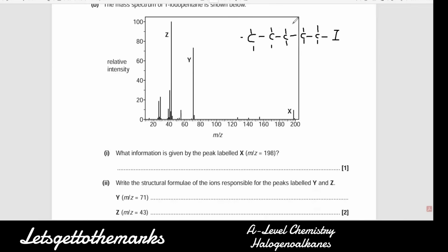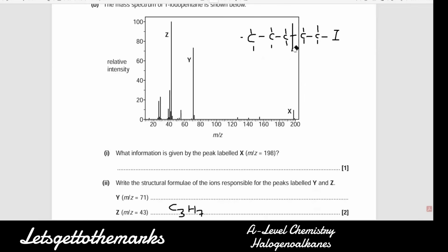So let's go to a propyl group. And if you do that, you're going to go, right, that's 15, 14, that's 29, that's 14, that's 43. So straight off, we know this one is going to be C3H7. And then let's look at the 71 fragment.